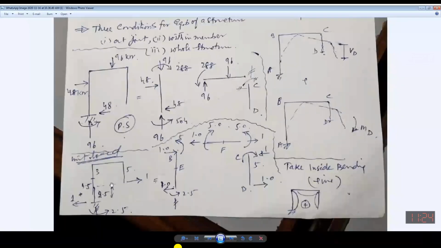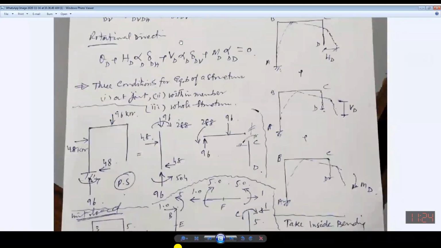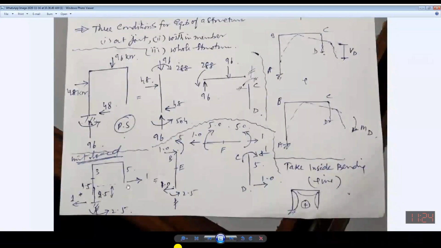This is also an exemplary calculation. If I apply this unit force, as I have taken HD as a redundant, I will have to apply the unit load at the same location D in the horizontal direction, then this is 1, okay? And this is the line of action.